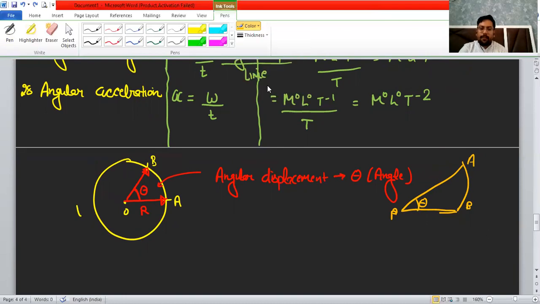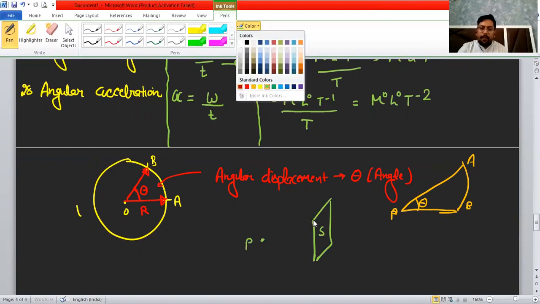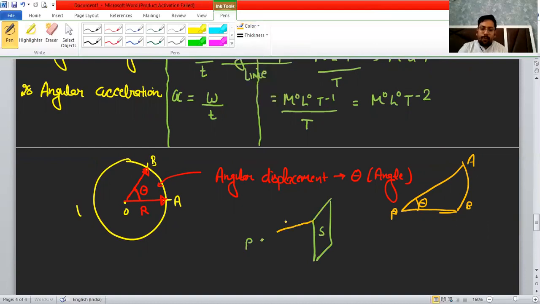Suppose we draw a surface here. Let S be the surface, P be the point. So we join every point of this surface with the point P. This angle here is called solid angle.